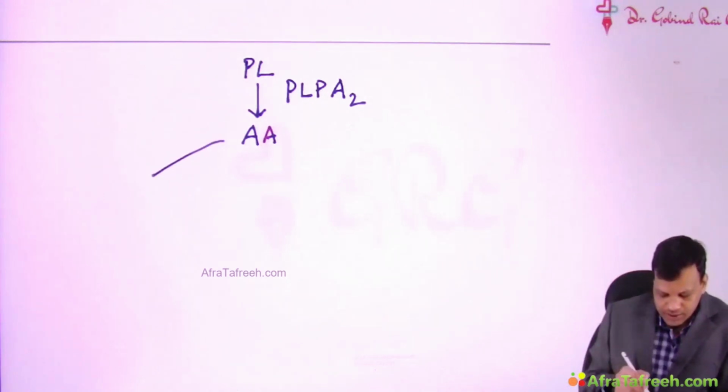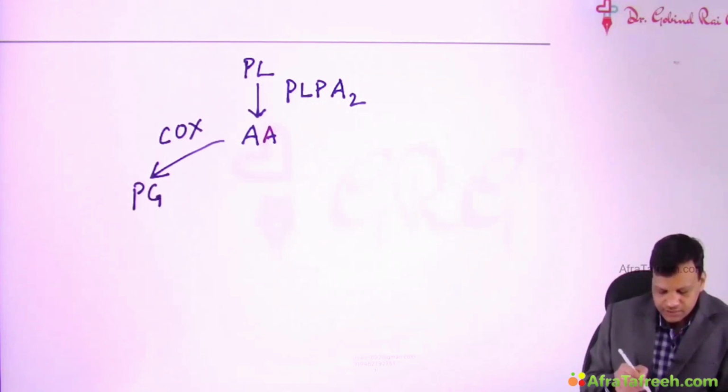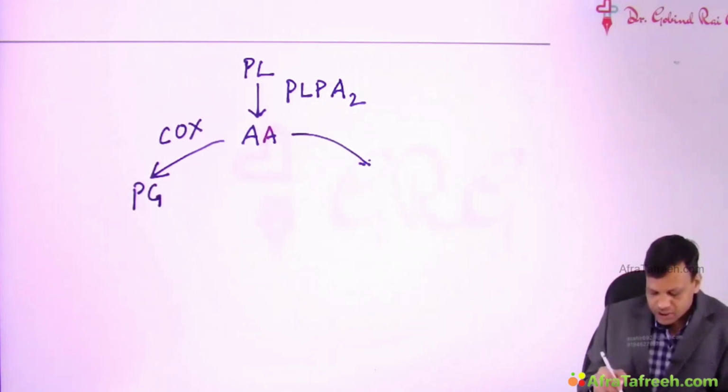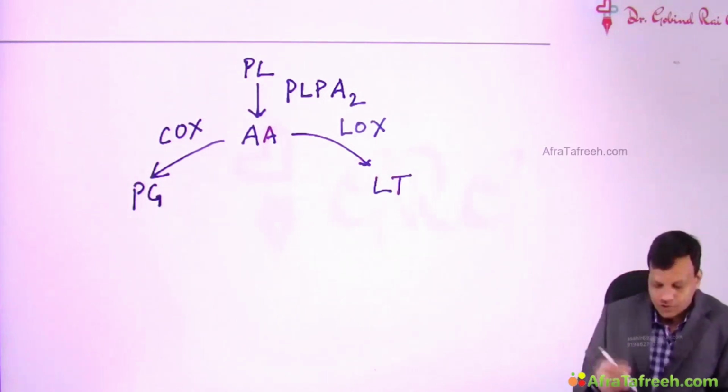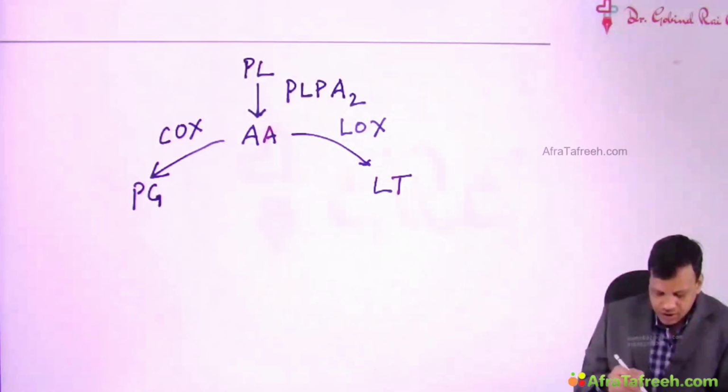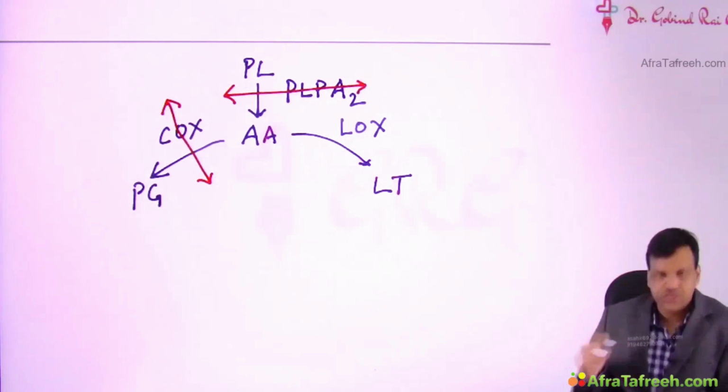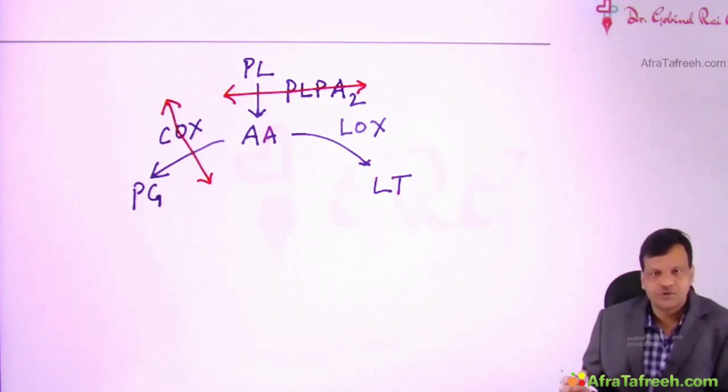This arachidonic acid can be acted upon by cyclooxygenase to form prostaglandins and by lipooxygenase to form leukotrienes. So if we inhibit cyclooxygenase enzyme, prostaglandins will not form. If we inhibit phospholipase A2, prostaglandins and leukotrienes both will not form.